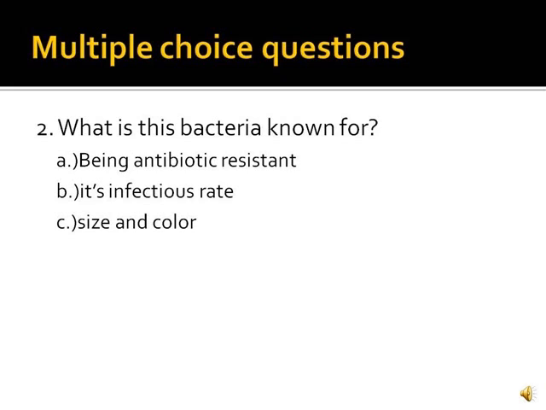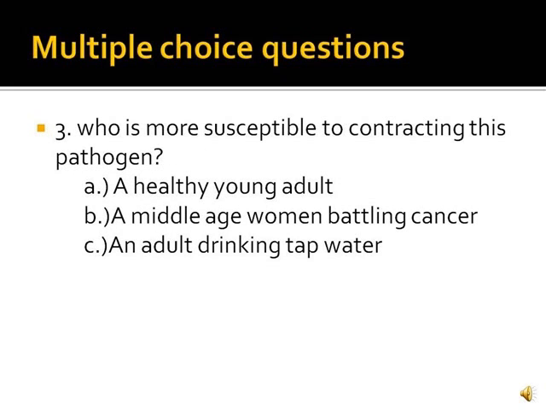And the answer is A, being antibiotic resistant. #3, who is more susceptible to contracting this pathogen? And the correct answer is B, a middle-aged woman battling cancer.